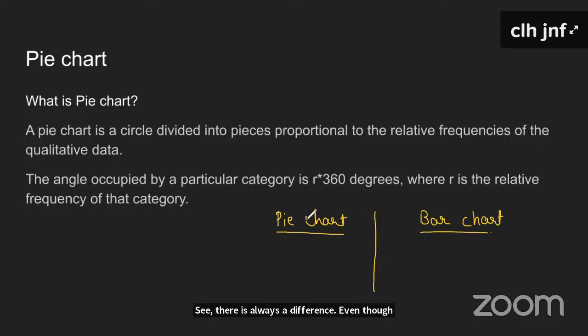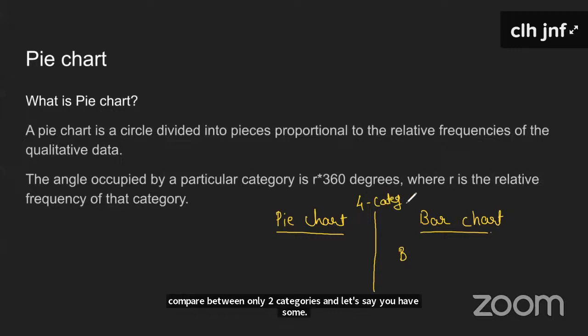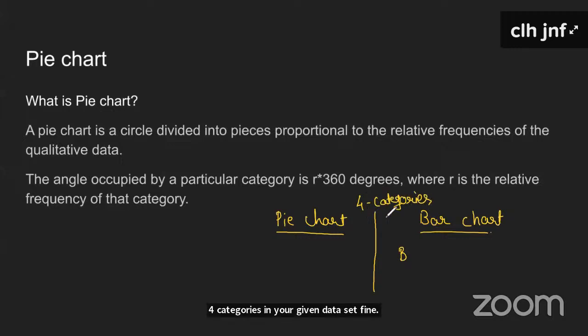Even though you have a frequency distribution and relative frequency, it depends on what the question is and what analysis you want. Let's say you want to compare two categories, and you have four categories in your given data set. Four different values are there, and you are asked to compare two categories. Whenever you want to compare between any two of the categories, or among the categories, then you will go for the bar chart.